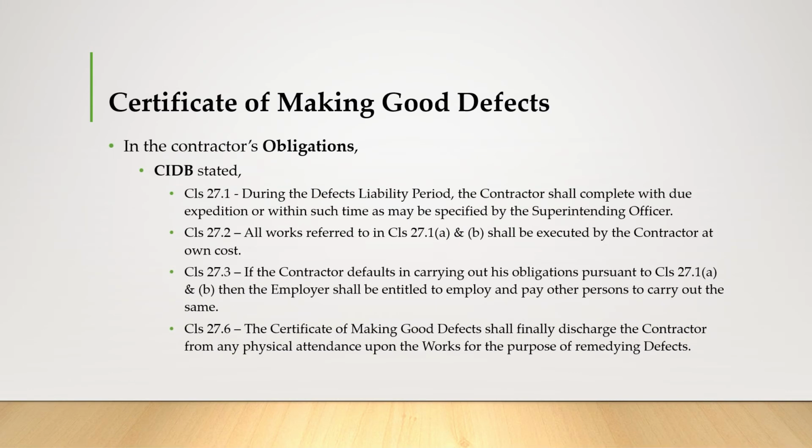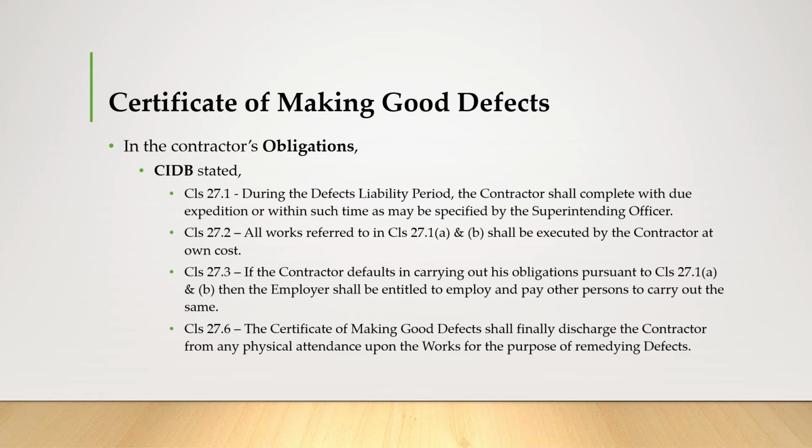In CIDB, the contractor's obligation is stated under clause 27.1: during the defects liability period, the DLP, the contractor shall complete with due expedition or within such time as may be specified by the SO. In clause 27.2, all works referred to in clause 27.1a and b shall be executed by the contractor at his own cost.